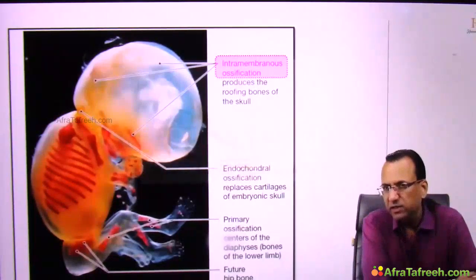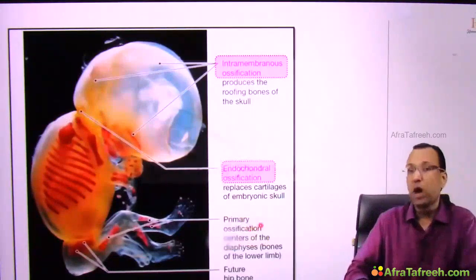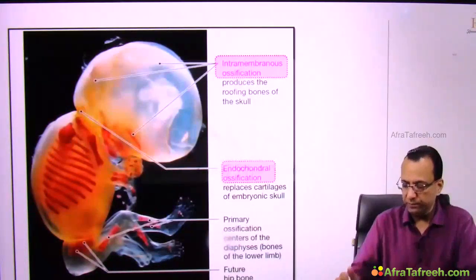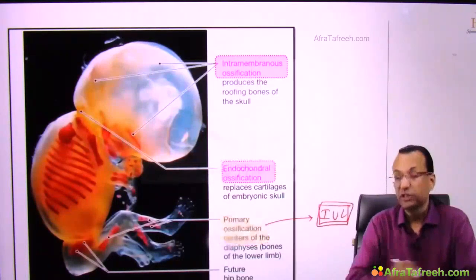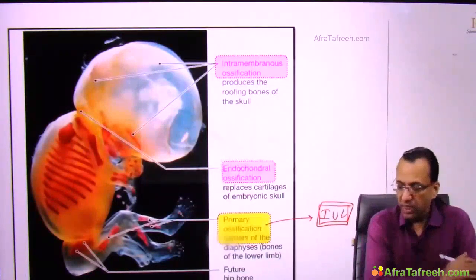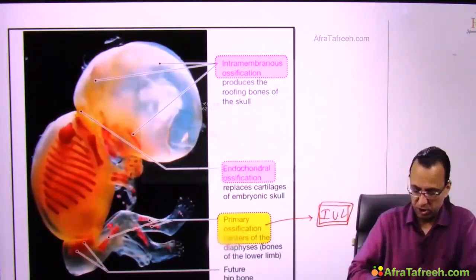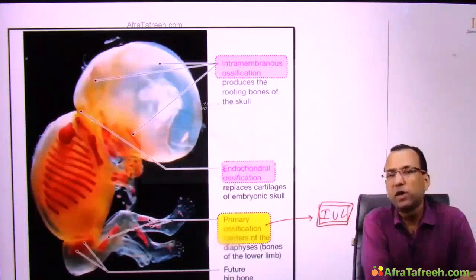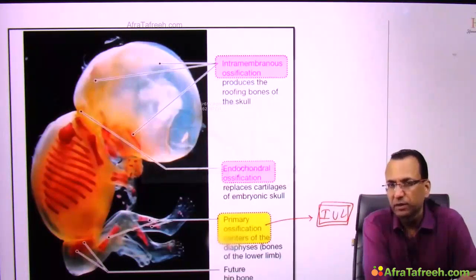And as we suggested earlier, there will be a primary center of ossification, which is 1 in number and appears in intrauterine life, 6 to 8 weeks. That is the one which is going to form the shaft of the bone, because the ends of the bone will be ossified usually after birth. The secondary center of ossification appears after birth.